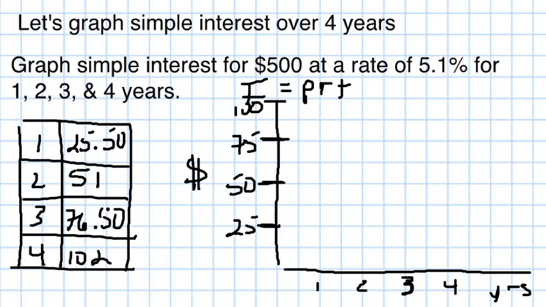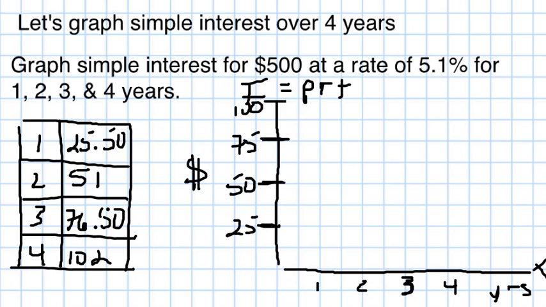Okay, so now I'm going to graph that, and as you can tell, I've made a graph on this slide. I'm going to put my time in years along the horizontal portion of the graph, which is my x-axis, and I'm going to put on the vertical axis, which is my y-axis, my money, and I've counted off by 25s, which is going to be pretty close to what my chart is showing me.